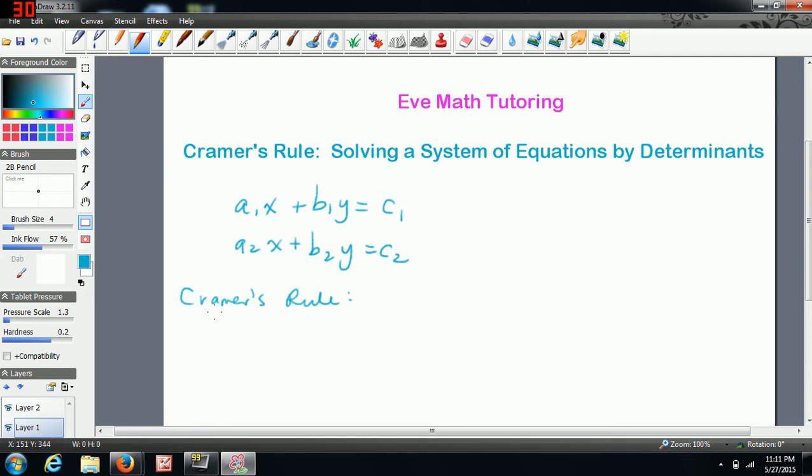According to Cramer's rule, x would be equal to the following determinant, and this is using determinants to solve the system of equations.